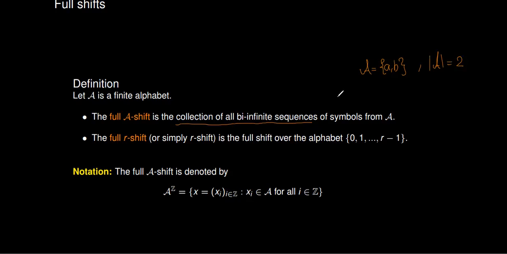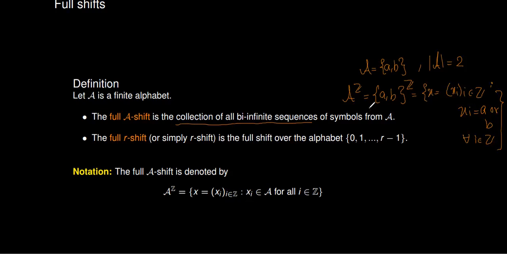Okay, so here we denote it by this notation, for example, A to the power Z, which would be equal to {A,B} to the power Z. It means X is equal to (x_i) for i in Z, such that x_i is equal to A or B for all i inside of Z. So it means you need to put all of the bi-infinite sequences, for example, A B B B B B A B B B B B, and you need to put the 0 position, for example, a floating point here, and so on.